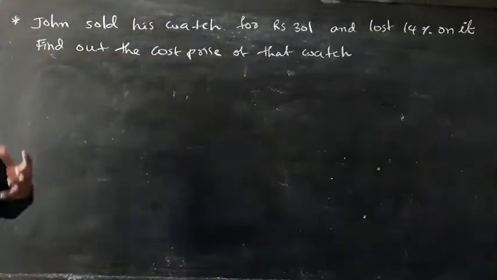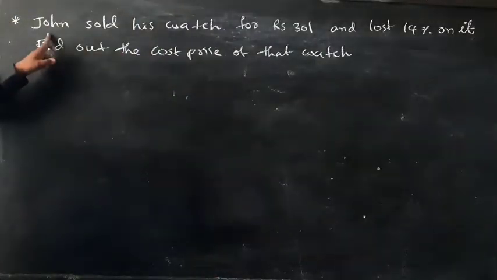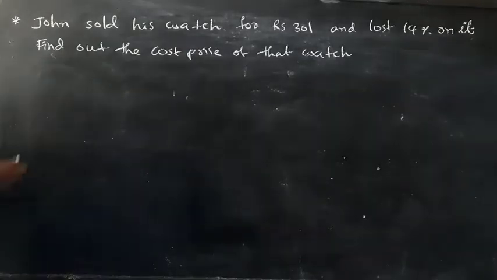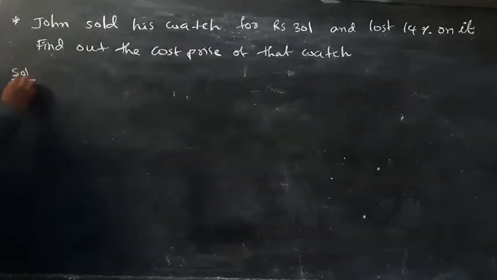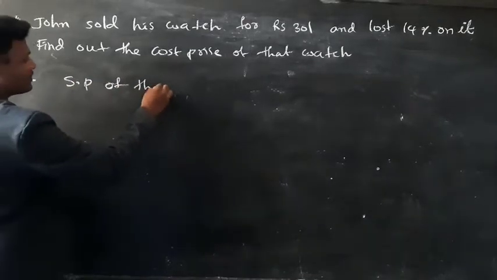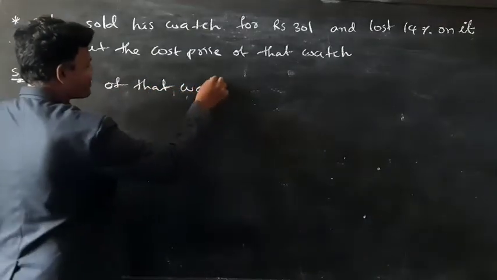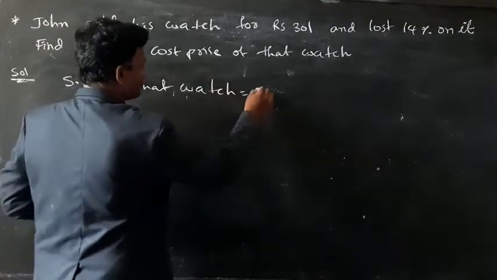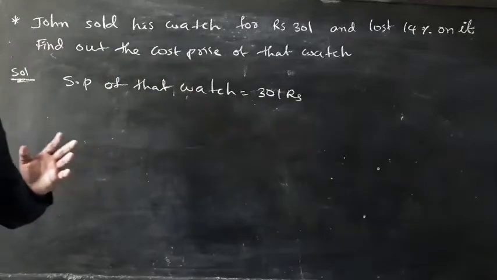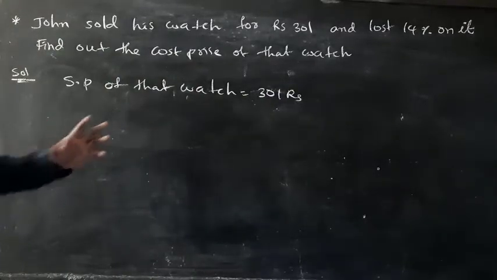So here is another question in the division class. John sold his watch for Rs 301. Solution: the selling price of that watch is equal to 301 rupees.